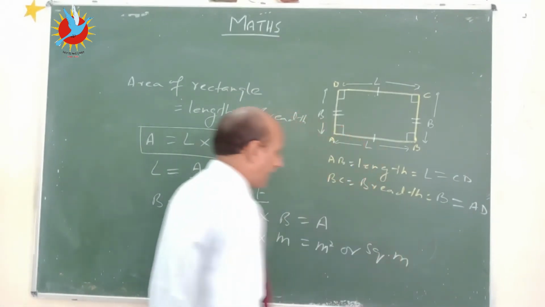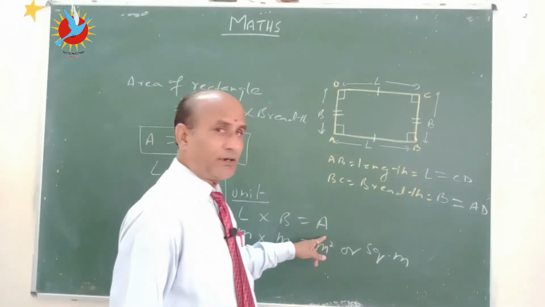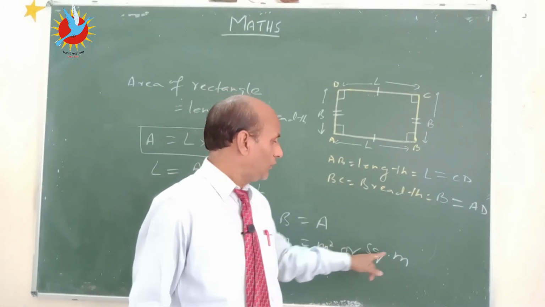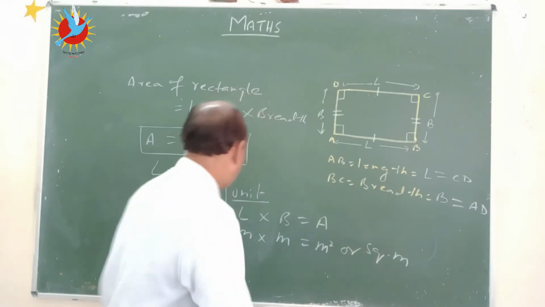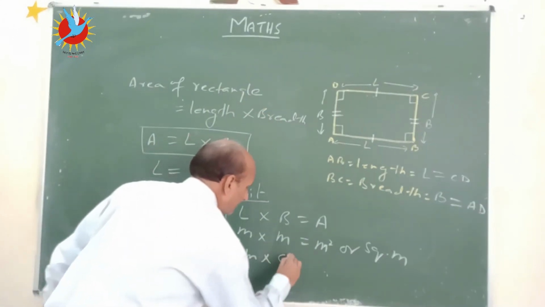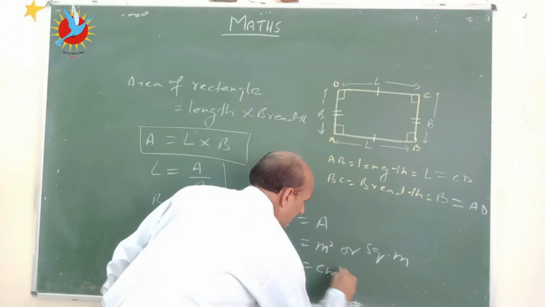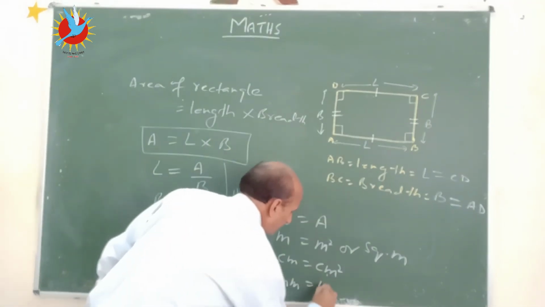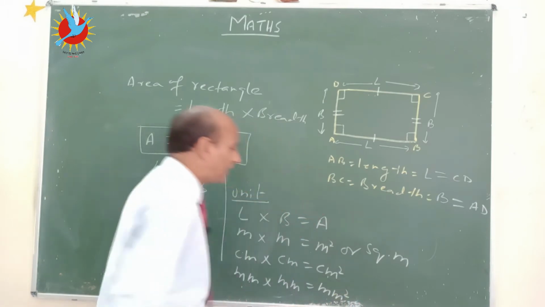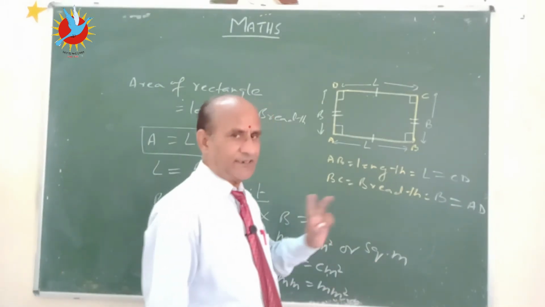Either you can use m to the power 2 or sq meter, square meter. If they are in centimeters, then it is centimeter square. If they are in millimeters, then it is millimeter square or square millimeter.